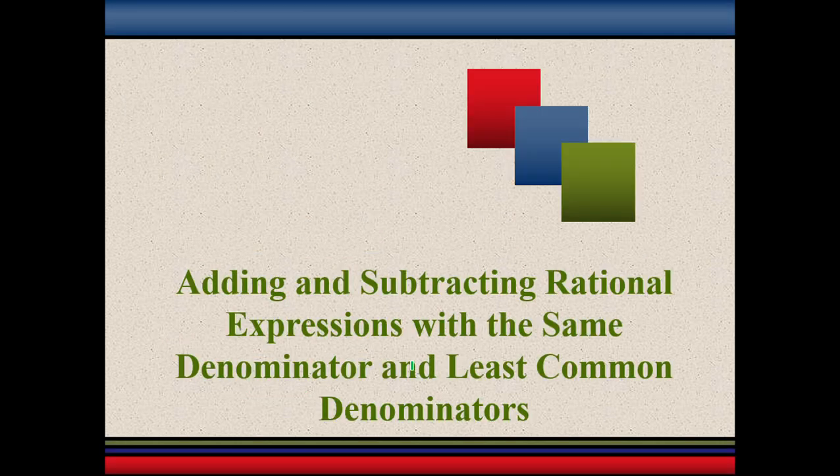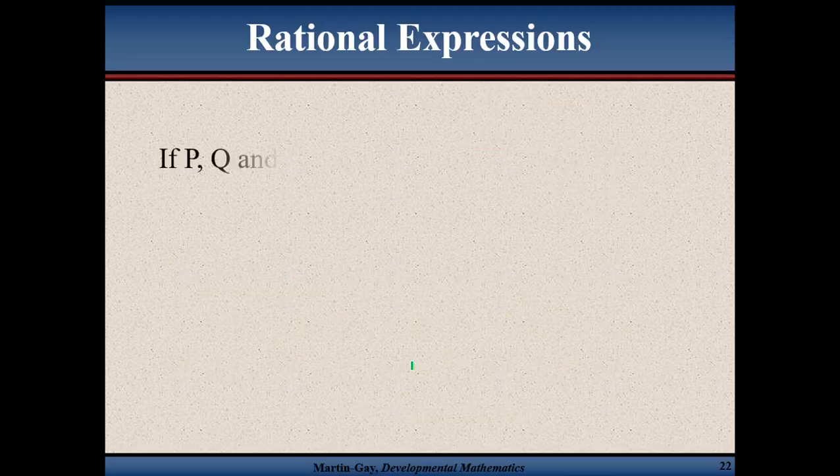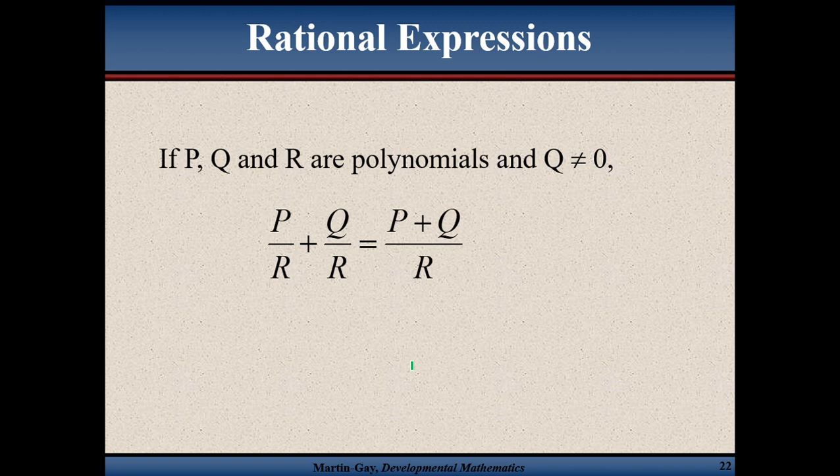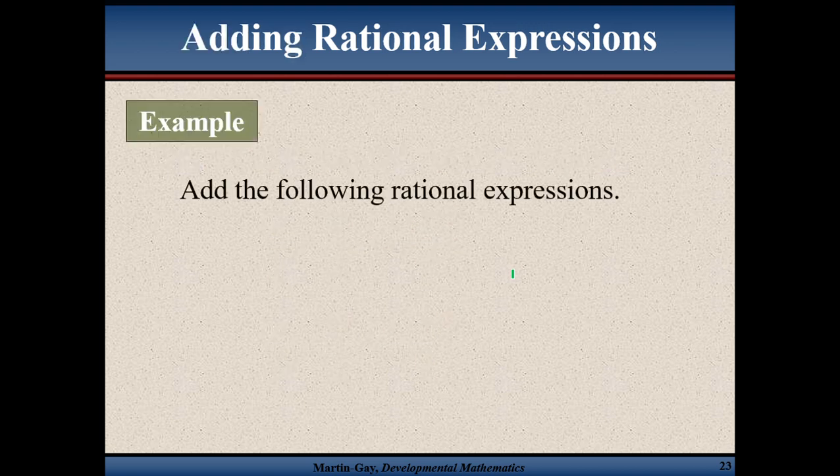So, for the adding and subtracting rational expressions with the same denominator and least common denominators, we have if p, q, and r are polynomials as long as q is not equal to 0. Ayan. So, hindi kailangan 0 yan. Okay. So, substitute na, check natin. Add the following rational expressions.